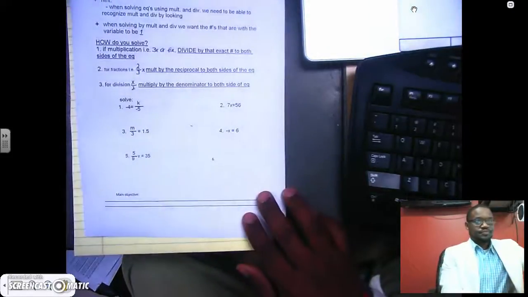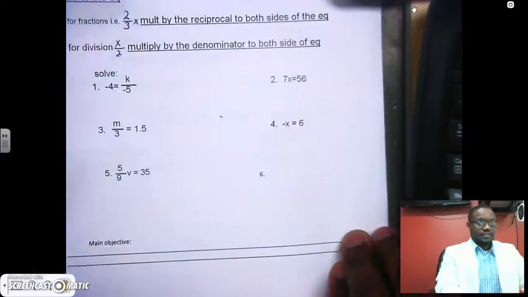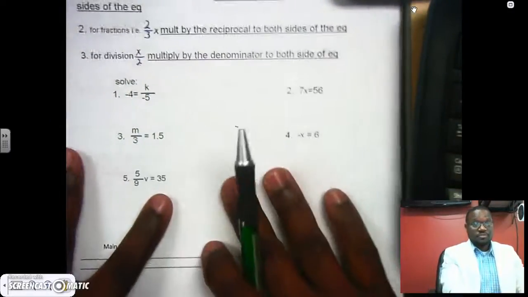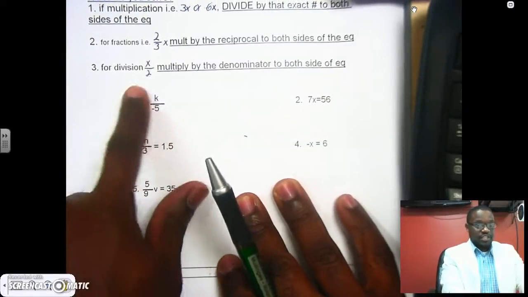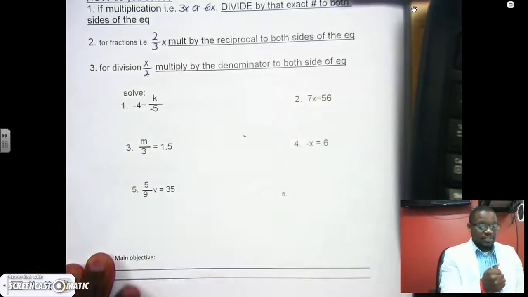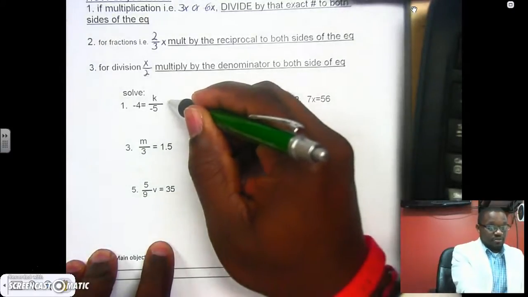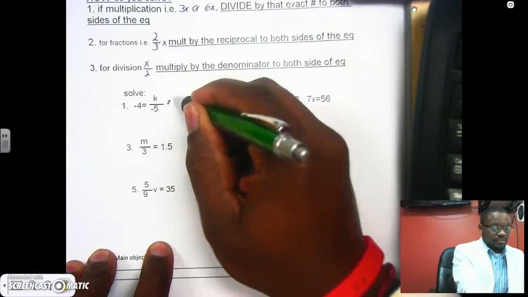Okay, so this first example: -4 equals k over 5. This problem looks just like the one up here, which tells me to multiply by the denominator. The denominator here is -5, so I'm going to multiply both sides of this equation by -5.